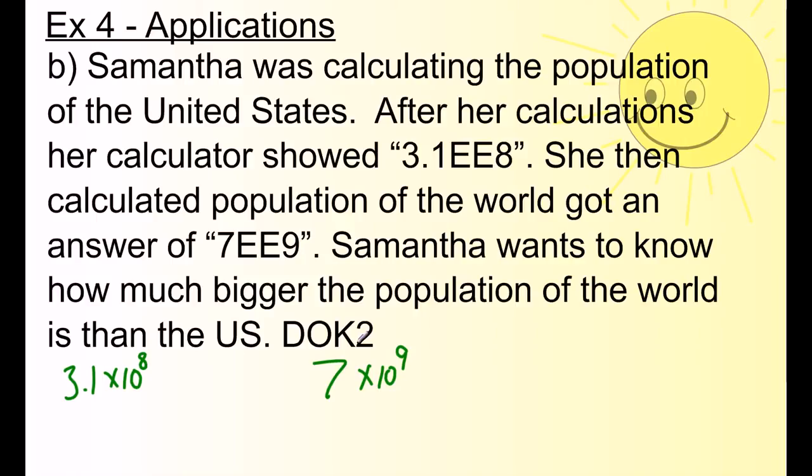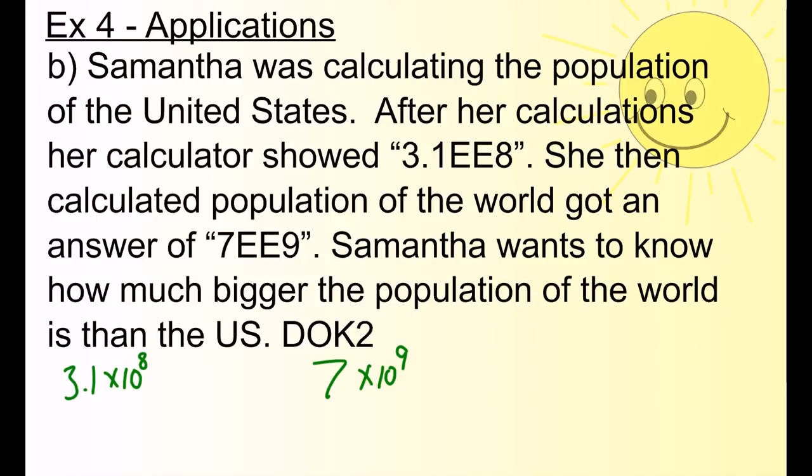So if you're trying to find out something like that, how much bigger? You're usually looking for something like 3 times bigger or 5 times bigger. In that case, this is what's called an order of magnitude.